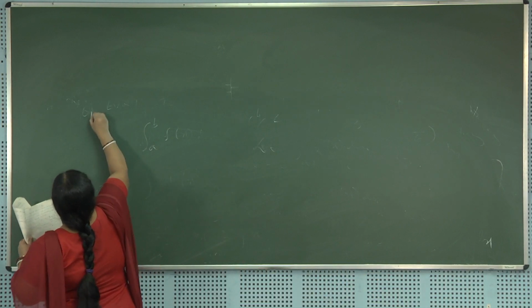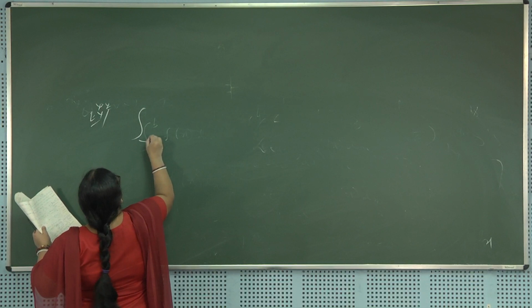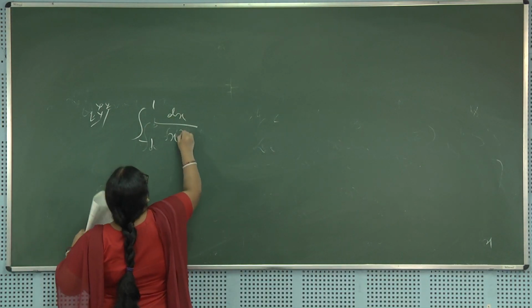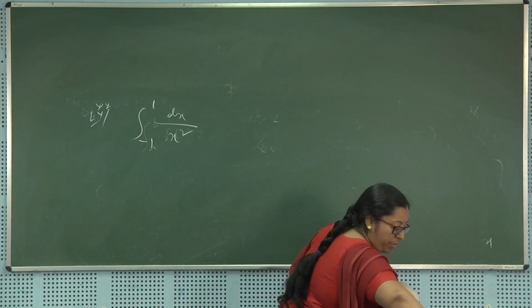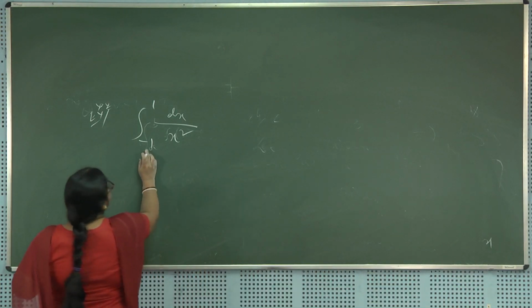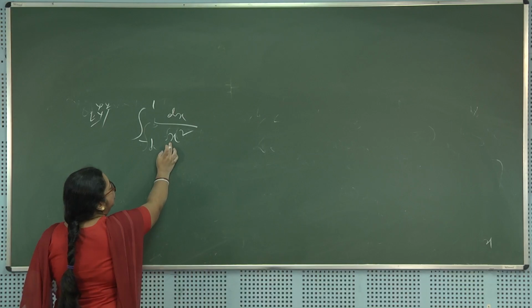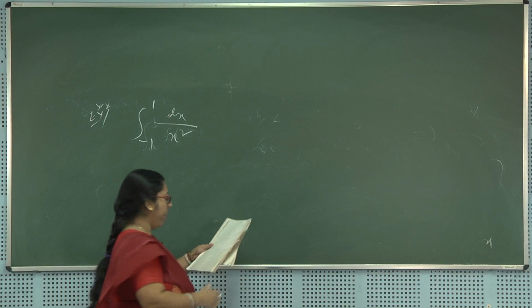Another example, say integral -1 to 1 dx upon x square. How will you try to work it out? You can see this integral has an infinite discontinuity at x equal to 0, which is interior or within this range of integration -1 to 1.